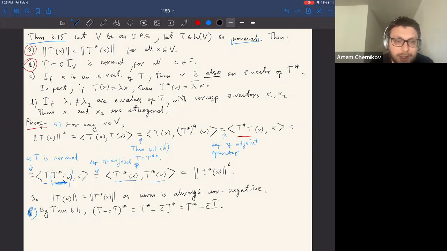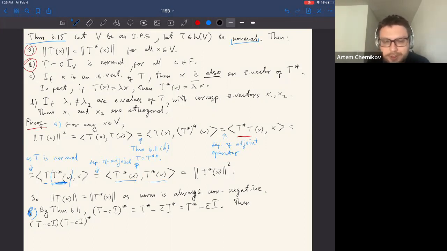So this is the adjoint of this operator. Now let's look at the product of this operator T minus CI with the adjoint, (T minus CI) star. Because remember, we are trying to show that this is a normal operator, so we have to show that it commutes with its adjoint.